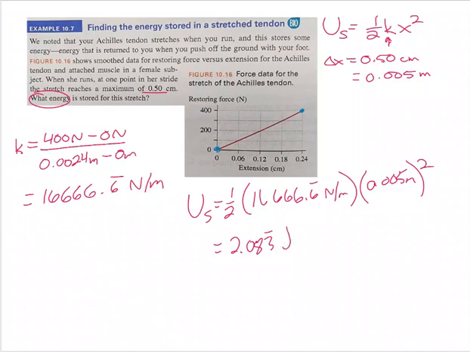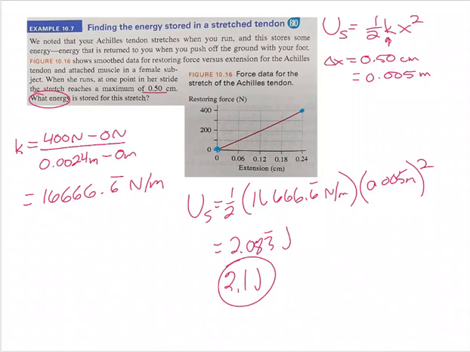Now that we're at the end, finally, we do significant figures. 2.1? Looks like probably 2.1 joules. It's more reasonable. All right, so energy stored in the Achilles tendon, 2.1 joules. A lot? A little? Not enough?